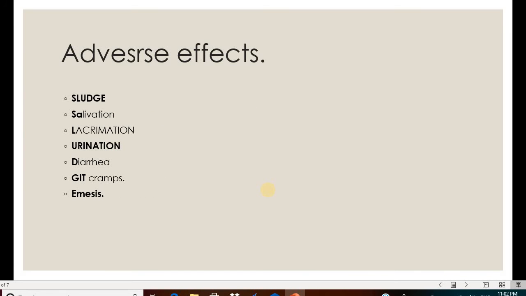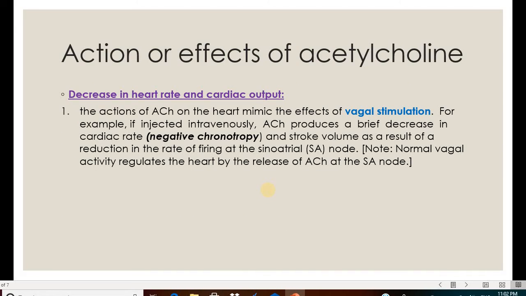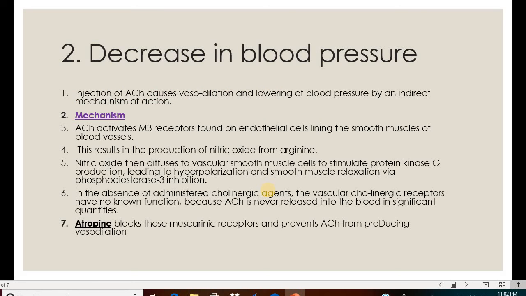So we have discussed its effect, which includes a decrease in heart rate and cardiac output, and what is the mechanism behind it, because it increases the vagal stimulation ना। vagal stimulation को increase करता है जिसकी वजह से negative inotropic होता है और heart rate decrease करता है। डिक्रीज इन ब्लड प्रेशर और क्या मैकेनिज्म है, ड्यू टू द वेसोडाइलेशन, एंड वेसोडाइलेशन हैपन बाय द रिलीज ऑफ द nitric oxide.